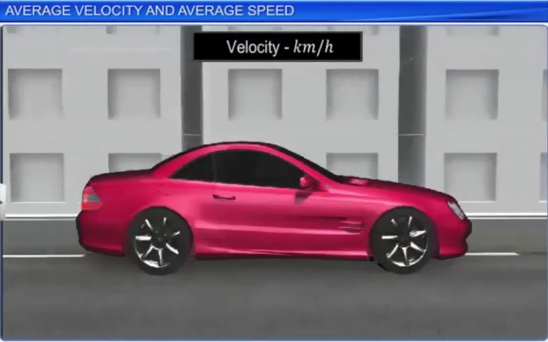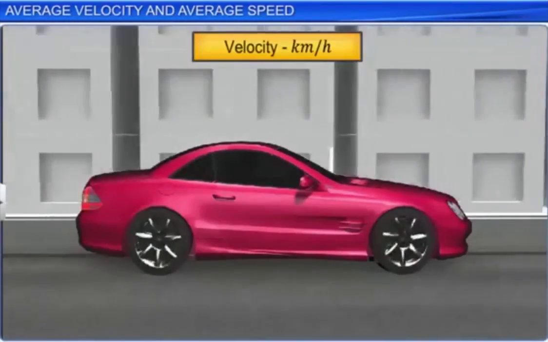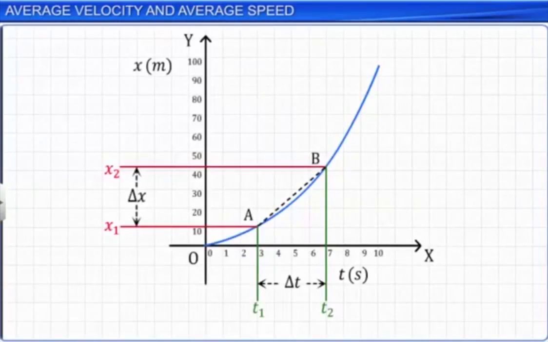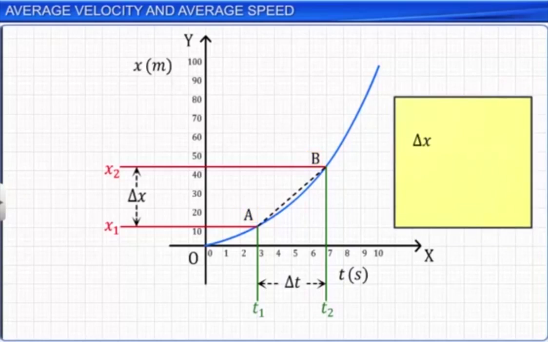Let us take the readings from the graph and calculate the average velocity of the body from point A to point B. Delta x is equal to x2 minus x1 is equal to 42 minus 10 is equal to 32 meters. Delta t is equal to t2 minus t1 is equal to 7 minus 3 is equal to 4 seconds.